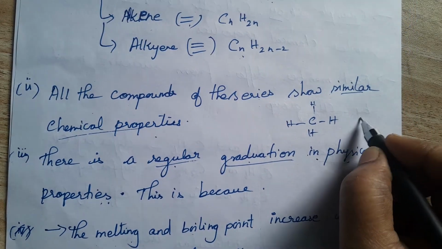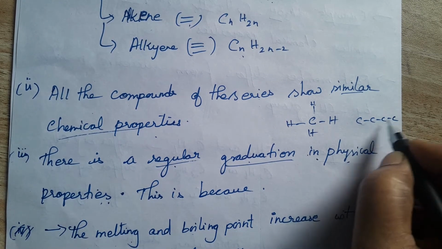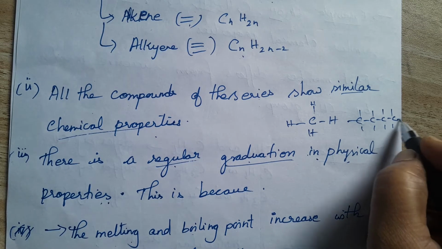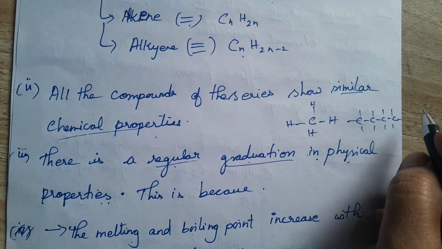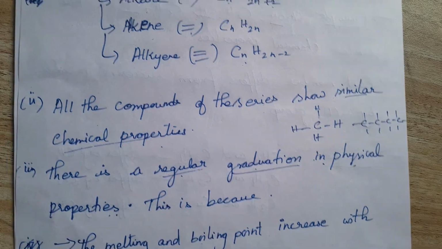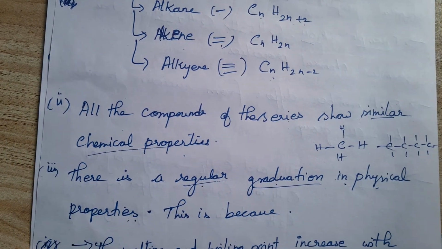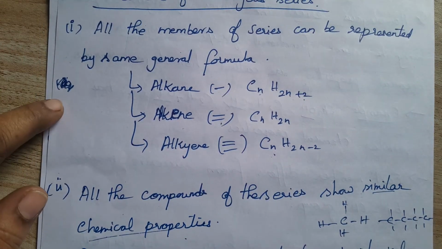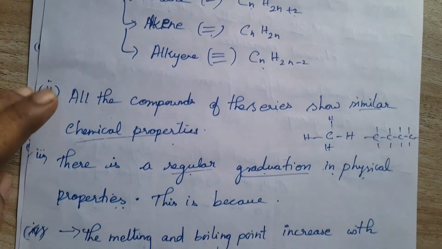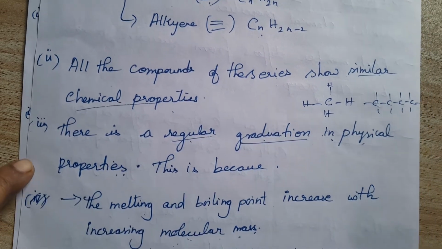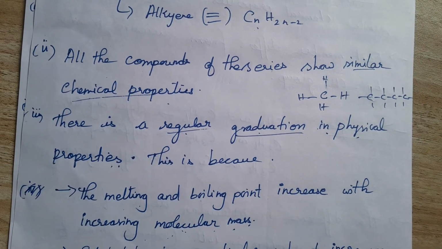If it is a long chain like this, it takes some time and needs more heat, so the melting and boiling point will increase like that. So these are some of the characteristics of homologous series. It has a general formula and similar chemical properties, but there is a change in the physical properties based on the increase in the molecular mass.